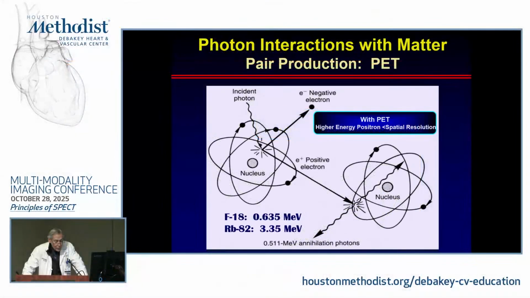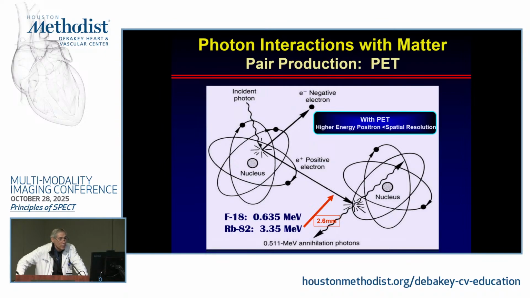And another thing we need to remember is that when we talk about positron emitting agents, a lot of what we do is based also on the spatial resolution of the agent. So if you take something like rubidium-82, it's got a keV of 3,350.